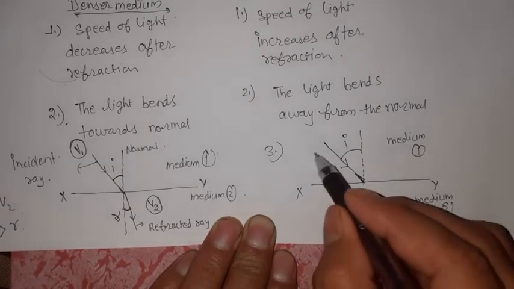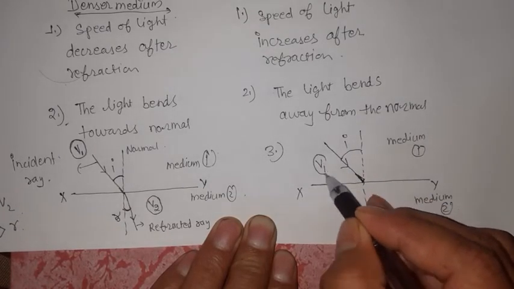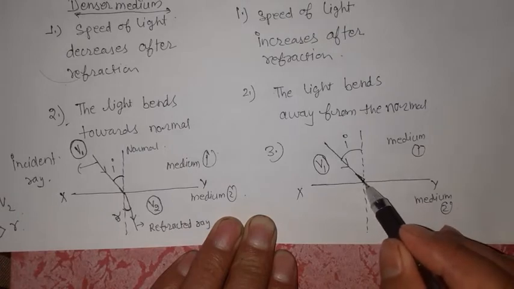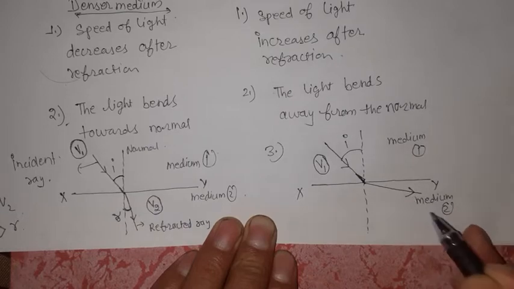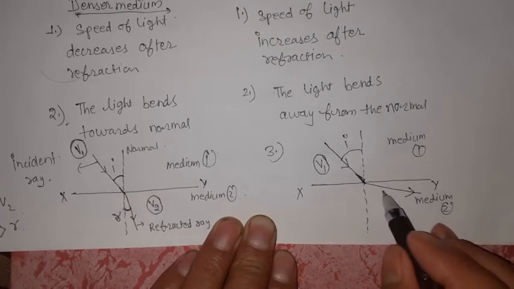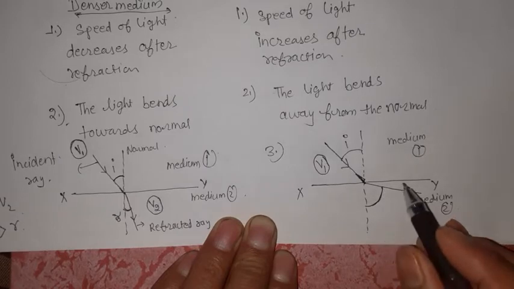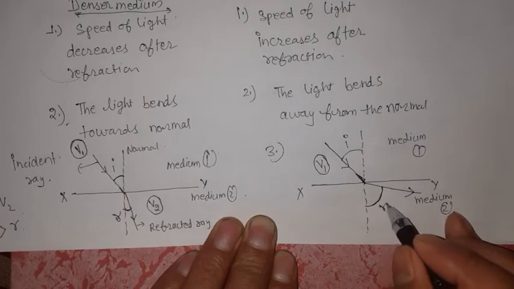This ray of light falls, and this is the incidence angle. Suppose the light comes with speed v1. While going into the other medium, it went away from the normal. So the angle with the normal increases, and that is the angle of refraction.